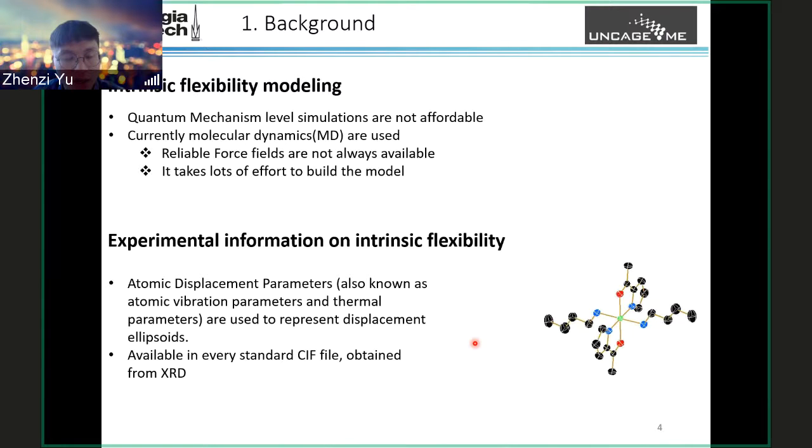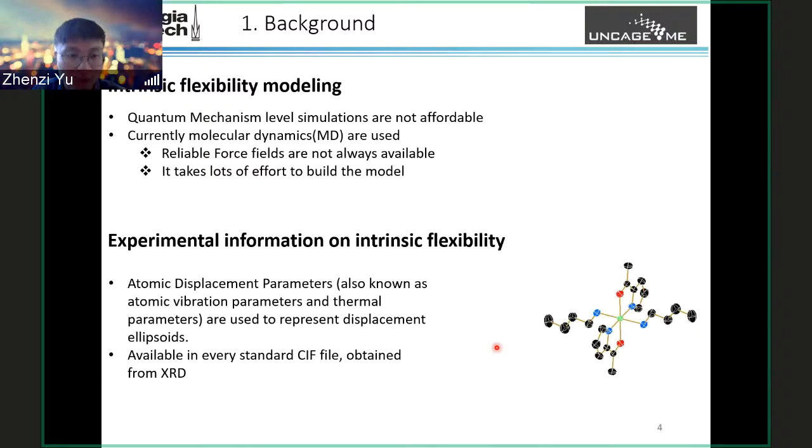So we would like to think about a way to model the intrinsic flexibility at a much lower cost, because intrinsic flexibility exists in every MOF. And we try to base our modeling on experimental information. So what is the available experimental information on intrinsic flexibility?